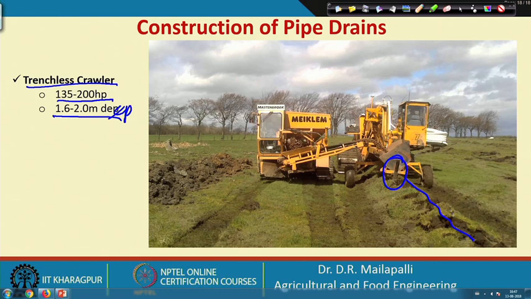There is no trench seen. The corrugated pipe will go inside. Once this tool makes an opening, the drain pipe is installed simultaneously, without opening any trench. This is the advantage of the trenchless crawler.